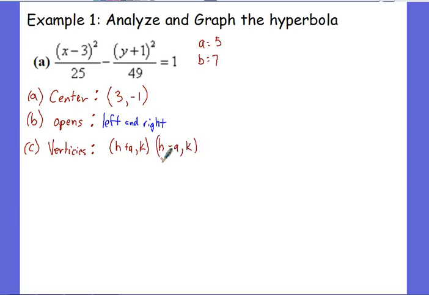Now, what's not going to change here? What is my k? So then I still know that, right? So for the other ones, my h, so 3 plus 5, comma negative 1, and 3 minus 5, comma negative 1. So then what are my vertices?